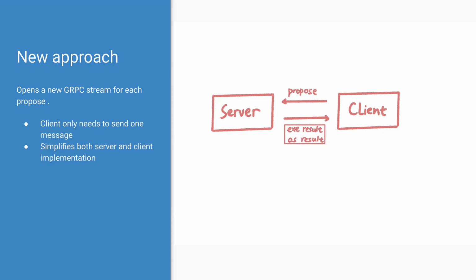The client will open a new gRPC stream for each propose, and it only needs to send one message to the server. As a result, this design could simplify the implementation of both server and client.